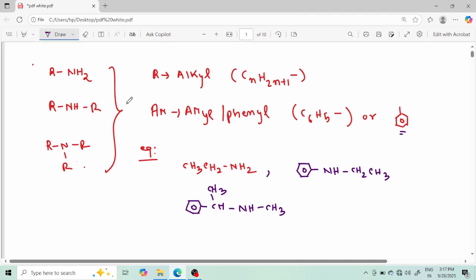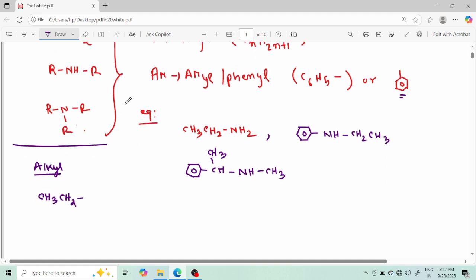Now there is one common confusion, that is, what is alkyl. In simple terms, alkyl is a carbon and hydrogen compound which is not a benzene ring. So if I talk about alkyl, it can be CH3CH2, something like this.